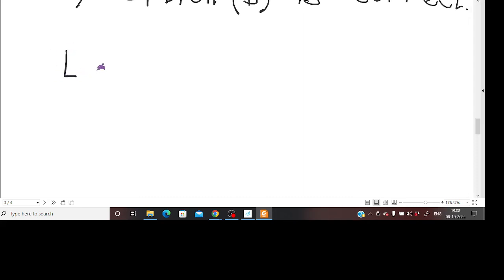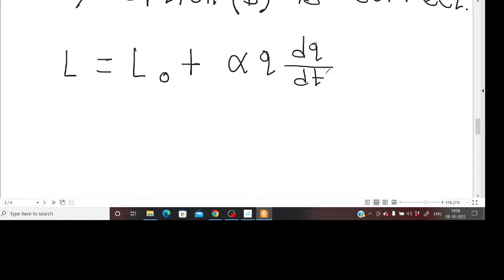So what is the new Lagrangian? This is equal to L0 plus alpha Q into dq dt, right?